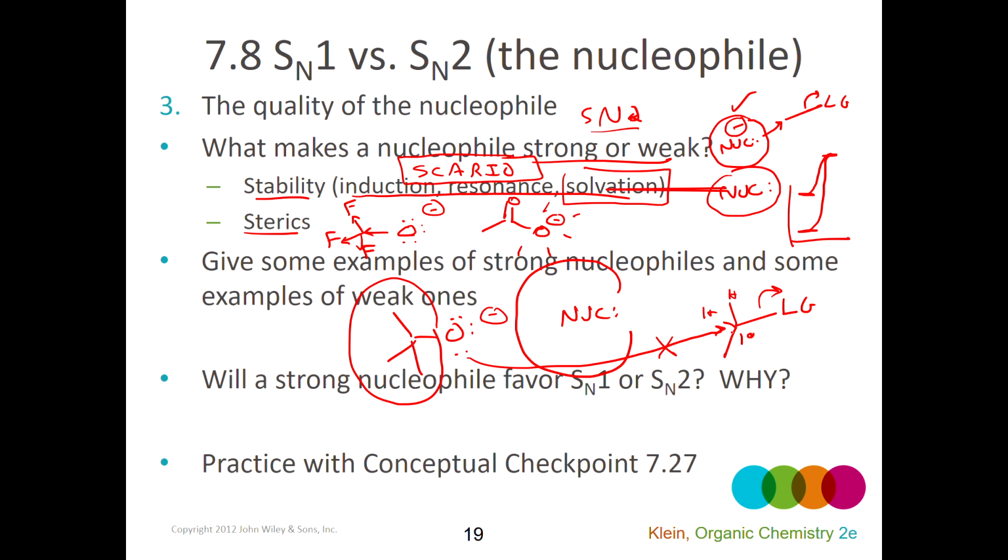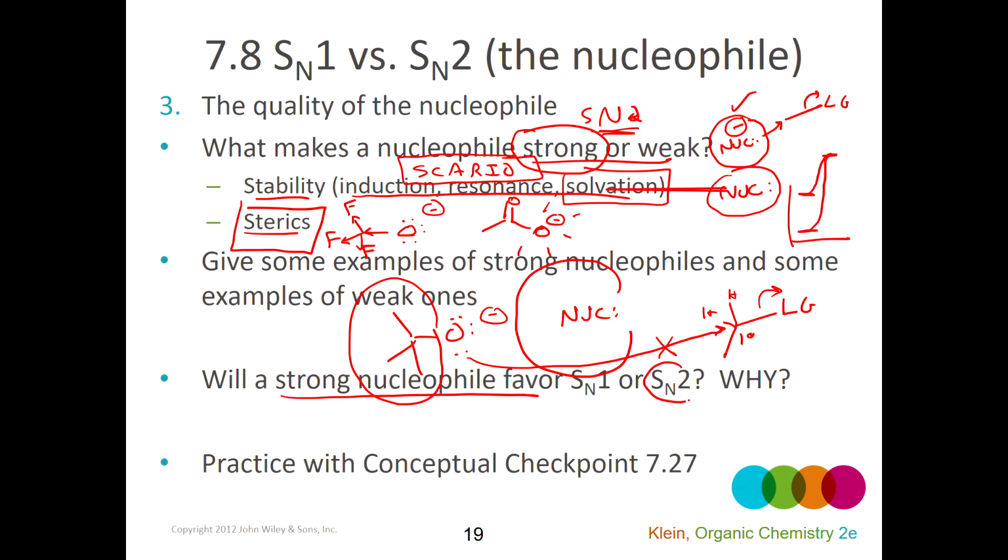So we want to get you thinking about the concepts that are important, right? So the more unstable the nucleophile is, the more likely it'll be to react right away in an SN2, and the less sterically hindered the nucleophile is, the more likely it is to get right in there and collide as the leaving group's leaving as well to do an SN2. So will a strong nucleophile favor SN1 or SN2?